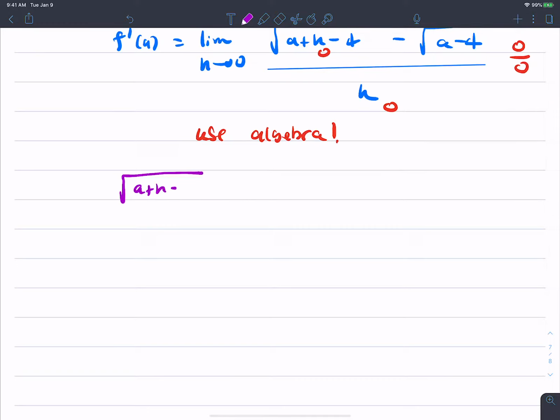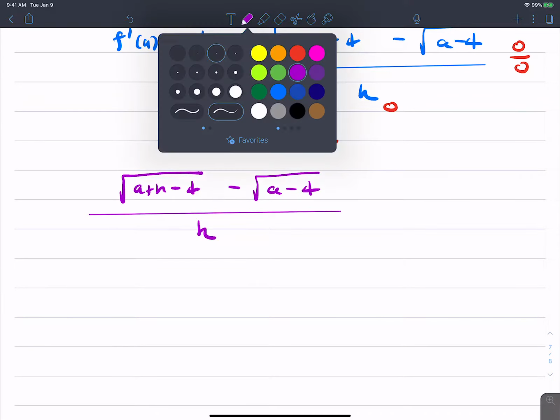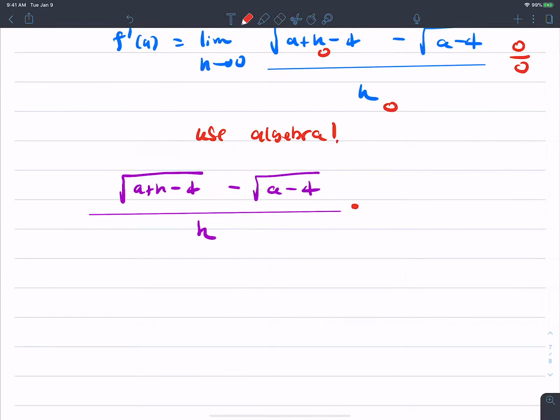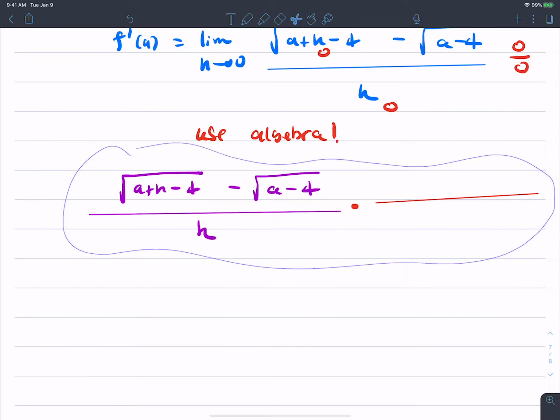We got the square root of a plus h minus 4 minus the square root of a minus 4, everything over h. And you might say, what kind of algebra can I use? It's not subtracting rationals, it's not factoring, it's not using FOIL. But as you guys already know, we're going to multiply the top and the bottom by the conjugate. So we got a conjugate situation.